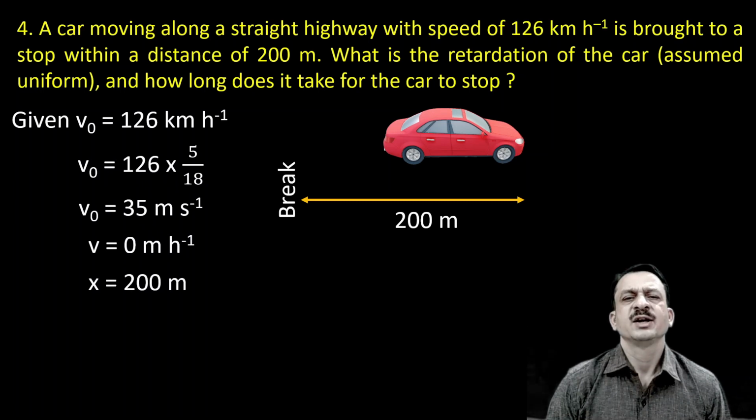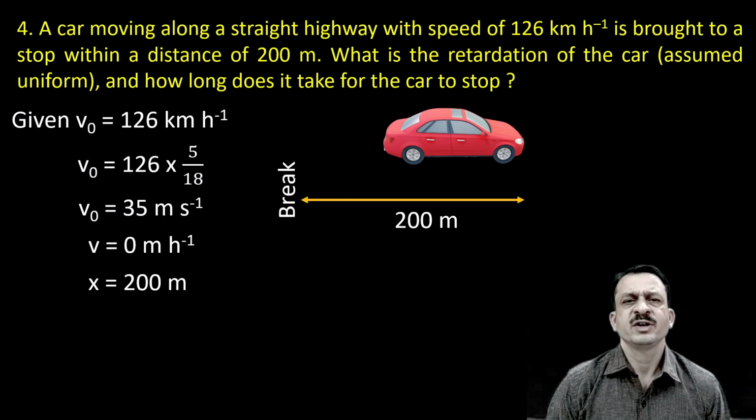If you calculate its velocity in terms of meter per second, we have to multiply it by 5 by 18. Now 18 ones are 18, 18 sevens are 126, so 7 fives are 35. Therefore 35 meter per second is the initial velocity. After applying the brakes, the car comes to rest.